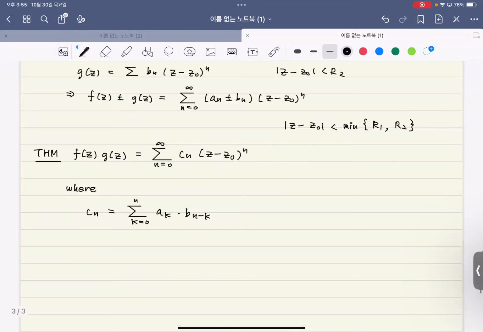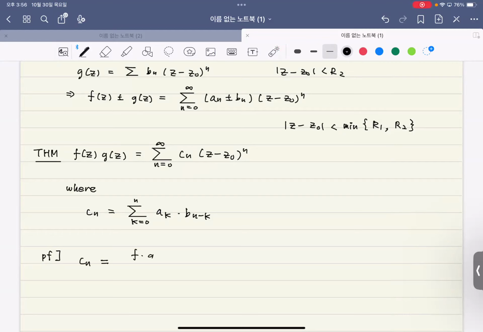The proof is somewhat tedious, so I'll be quick. This is the Taylor series of this one.